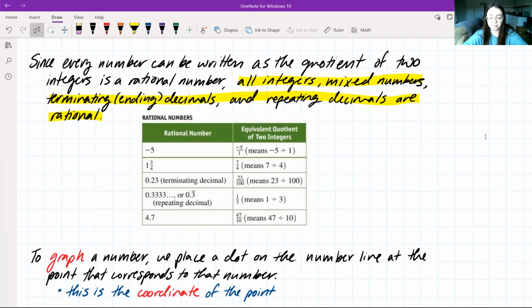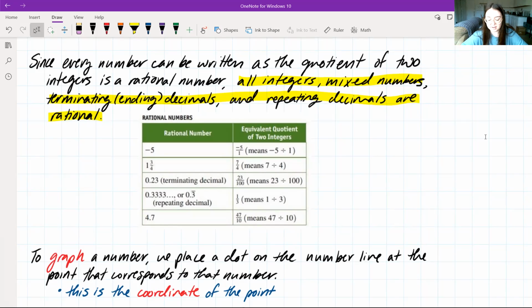So our rational number first, -5. The equivalent quotient of two integers would be -5 divided by 1. Then for 1 3/4, the equivalent would be 7 divided by 4. Our rational number 0.23 can mean 23 divided by 100. 0.333 repeating, so going on forever, can also mean 1 divided by 3.